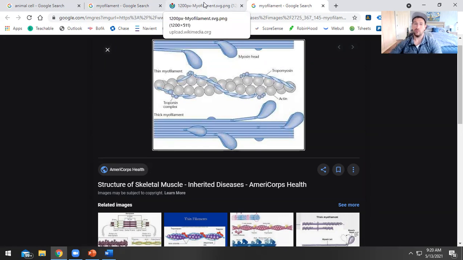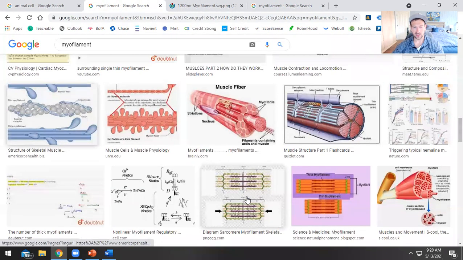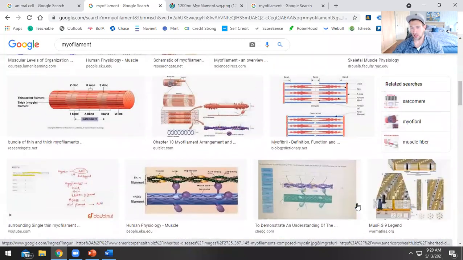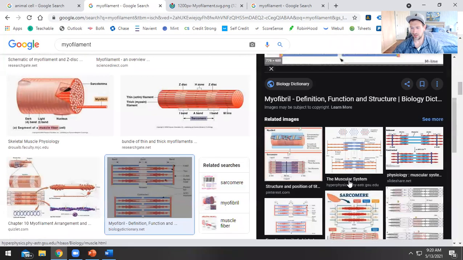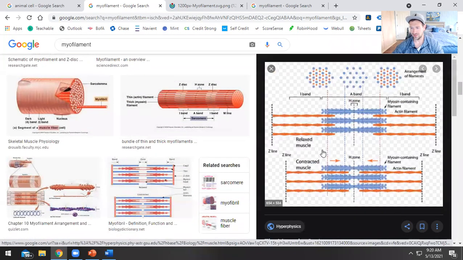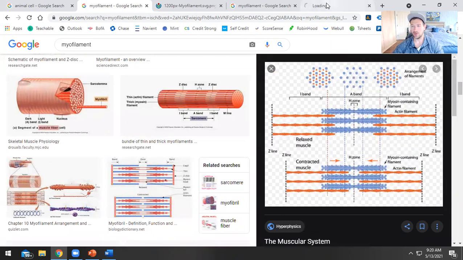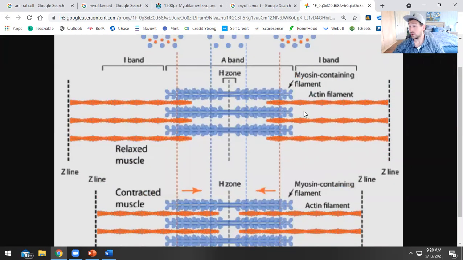Now, zooming out, what that actually looks like is something more like this. Okay, there we go. No black background. All right, so it kind of looks like this, right?